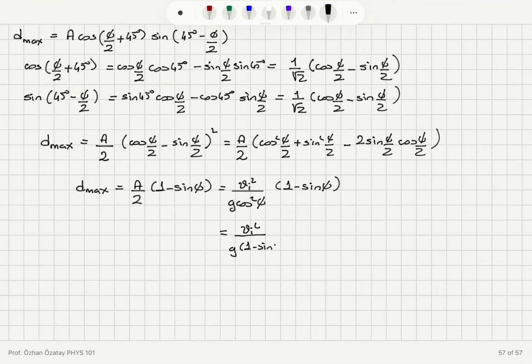So it is 1 minus sine phi times 1 plus sine phi, multiplied with 1 minus sine phi. These two will cancel, and I will find a D max of vi square divided by g times 1 plus sine phi.